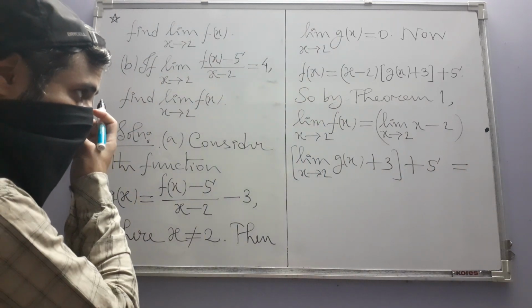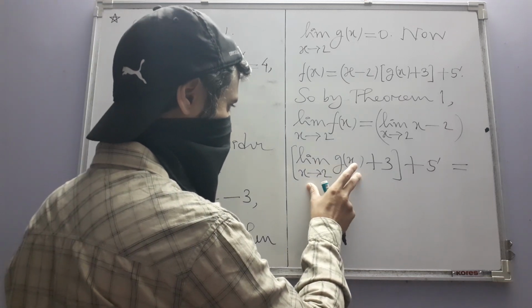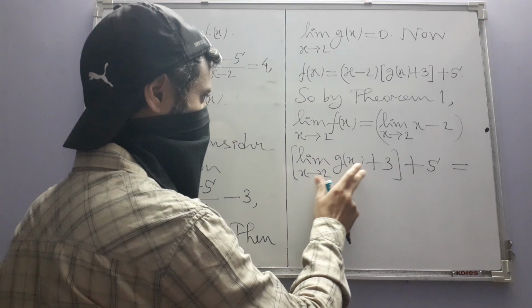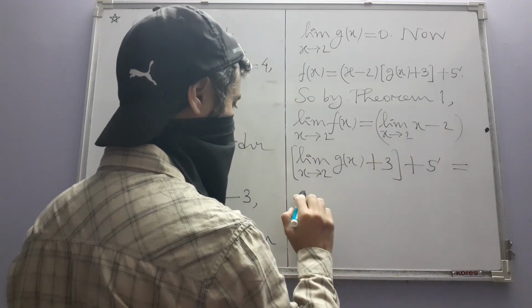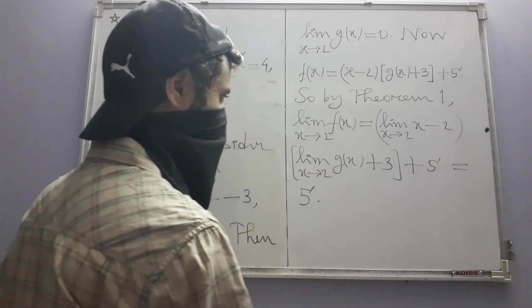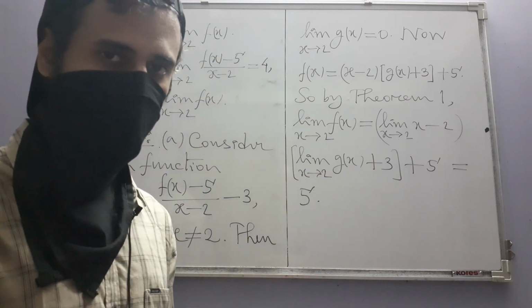You can see here that you are getting 0 here, fine, plus 3, but this term would be 0. So here your answer is 5. And similarly the other part can also be handled.